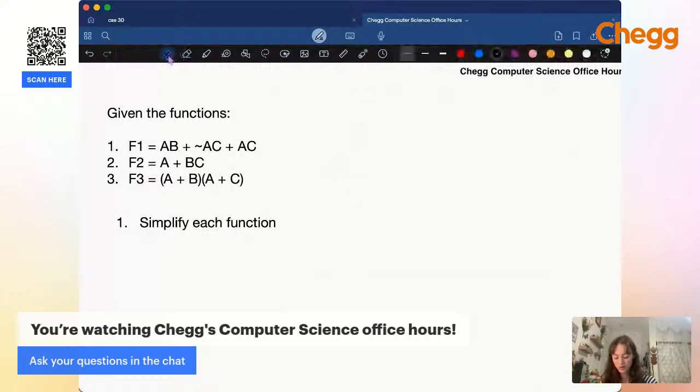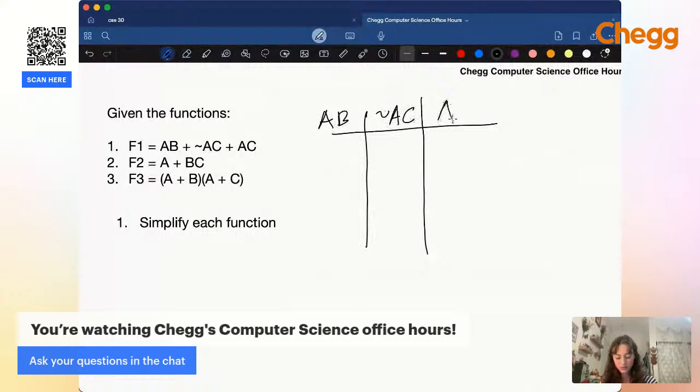So first I'm gonna draw a truth table for the first function. I'm gonna do it for each OR statement: C, or AB, and F. And then I'm also at the same time gonna do the K-map because I think that'll be a little bit easier and faster.